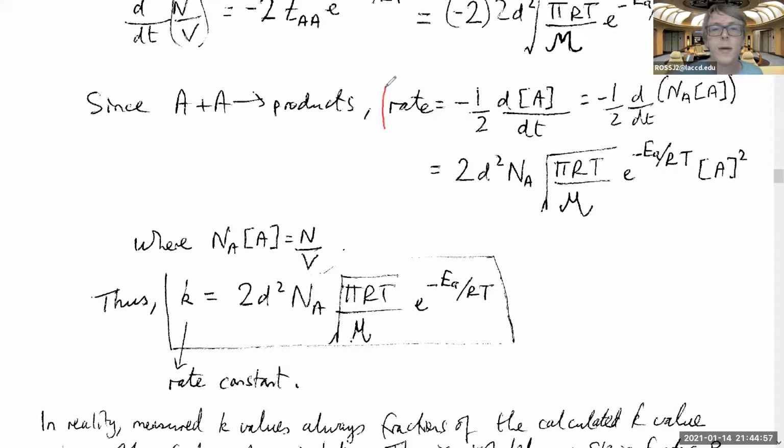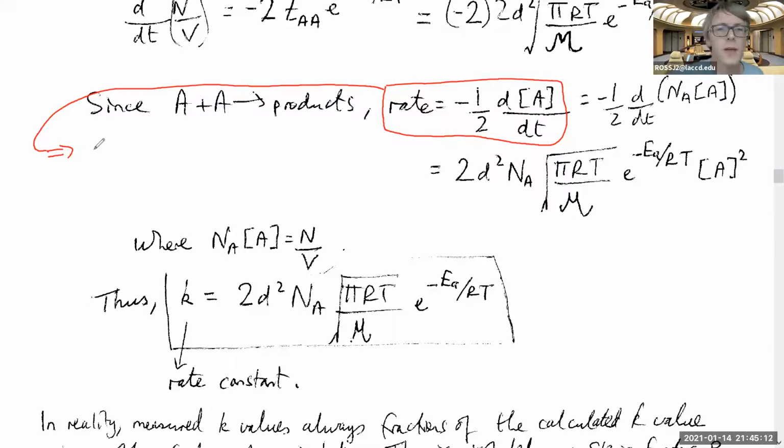Starting from here, if we know that this is the rate here, then we know that the change per unit time of A is minus twice the rate. Or if I put my brackets in a better place, around the 2, it'll make a bit more sense.